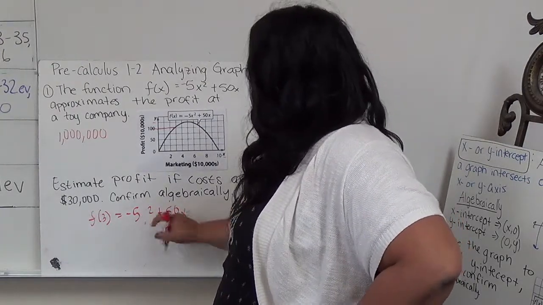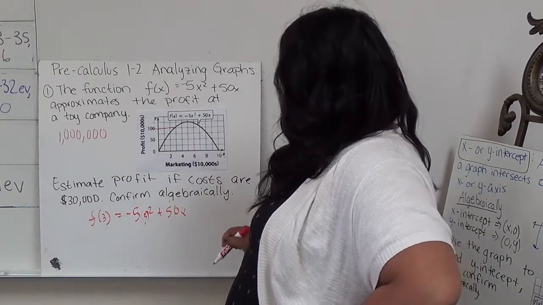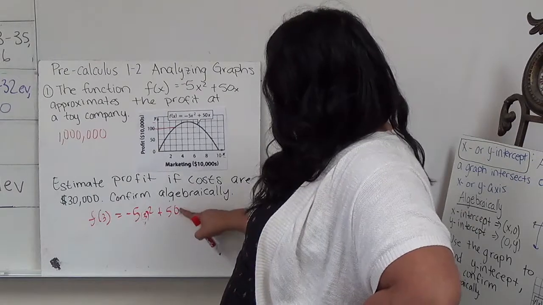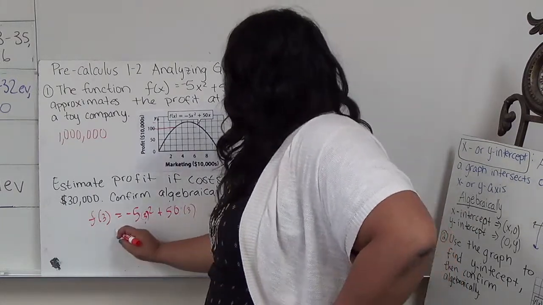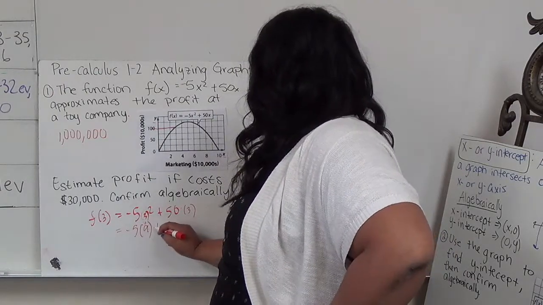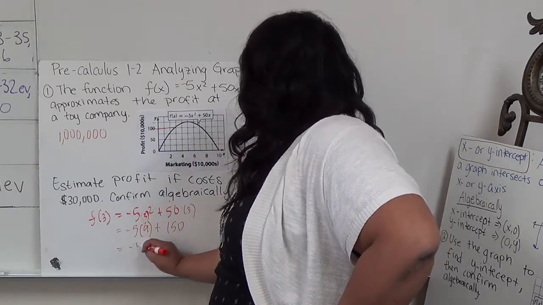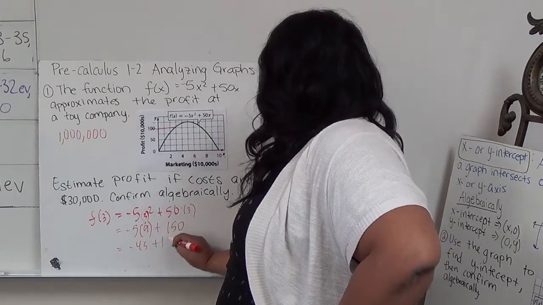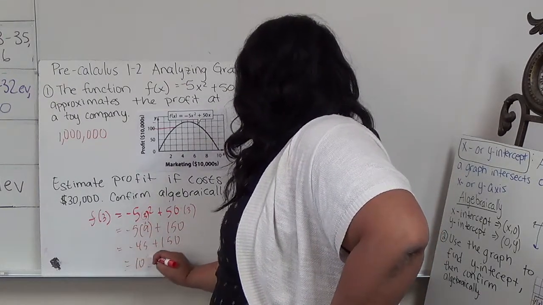This gives me negative 5 times 3 squared, which is 9, plus 150. This is then negative 45 plus 150, which would give me 105.